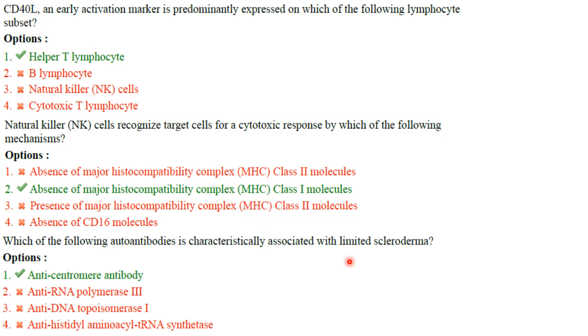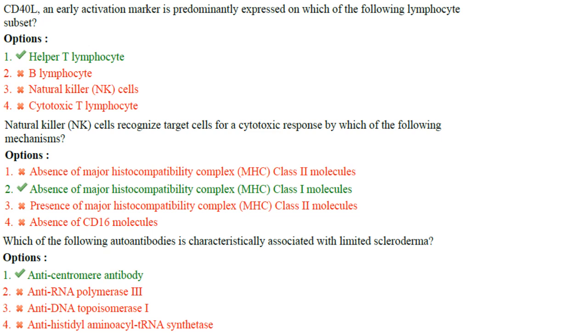Scleroderma is an autoimmune disease, and it involves hardening and tightening of the skin and connective tissue. The autoantibodies include anti-centromere antibodies and anti-Scl-70 antibodies. Here they have given only one of them, so it is anti-centromere antibody.